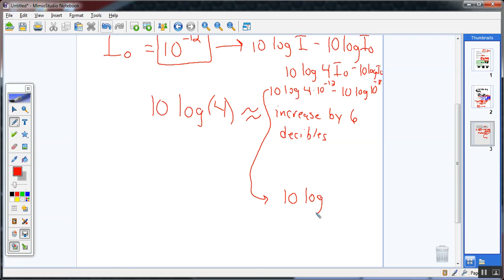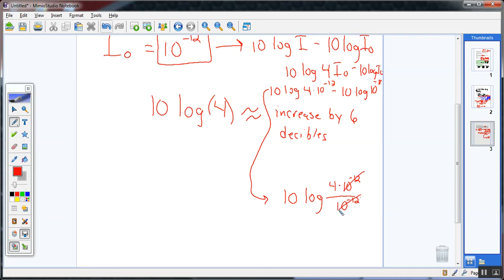we want to take this 10 to the negative 12, the initial sound, and do what to it again, kids? Quadruple it. So this could be 4 times 10 to the negative 12 over 10 to the negative 12 when I take this subtraction and combine it. But guys, what would the 10 to the negative 12s do right here?